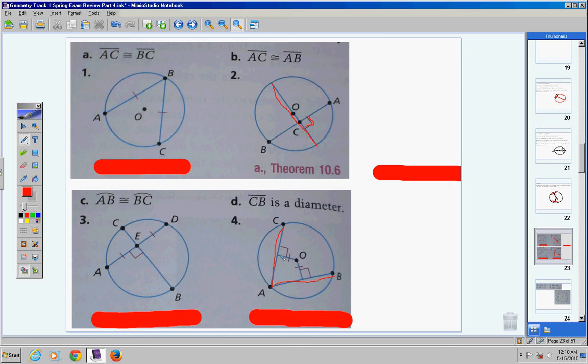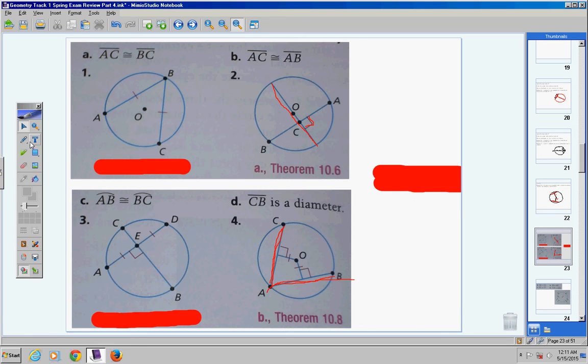This distance from the center to the chord and this distance from the center to the chord are the same. I know that because there's a little red mark here and here. So if these two chords are the same distance from the center of the circle, then those two chords are congruent. So AC is congruent to AB. This would be letter B. I'm not sure of the theorem number, but it'd be letter B.